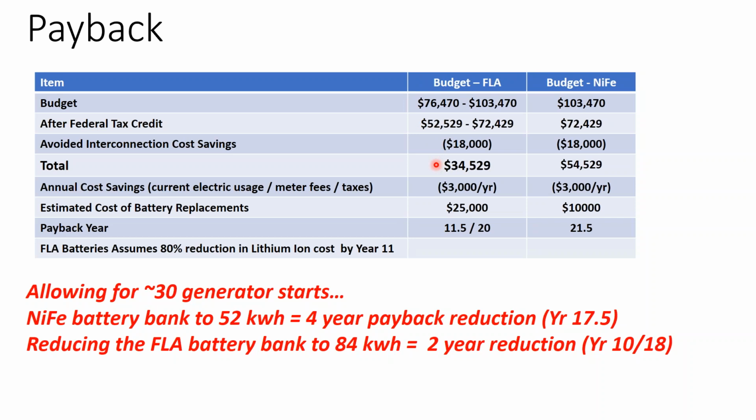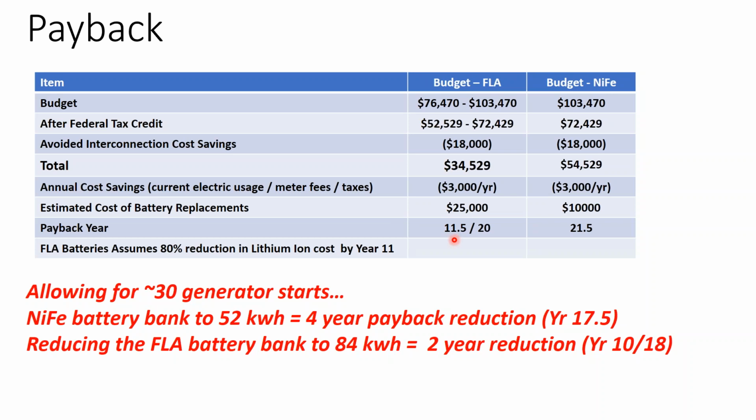Now, he's going to save between his meter fees and his electric usage about $3,000 a year. And so he's going to get an 11-year payback on his system, which is pretty good.